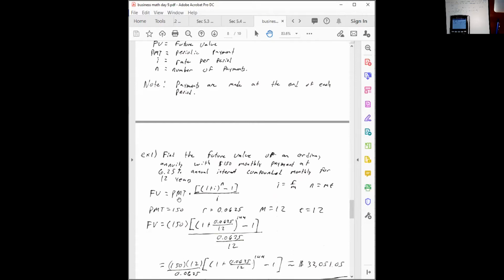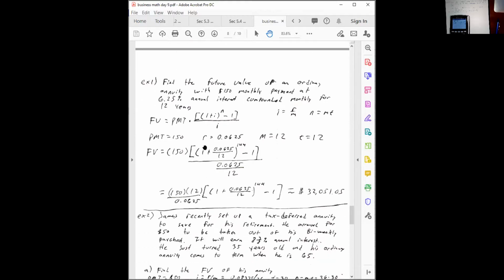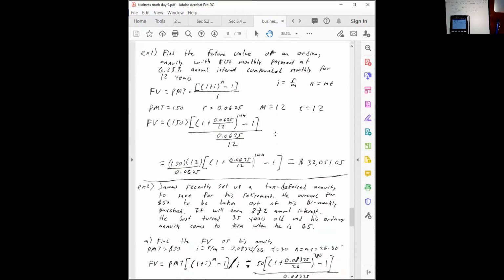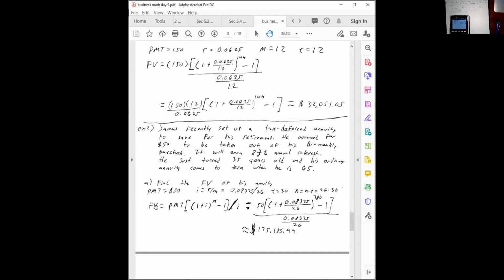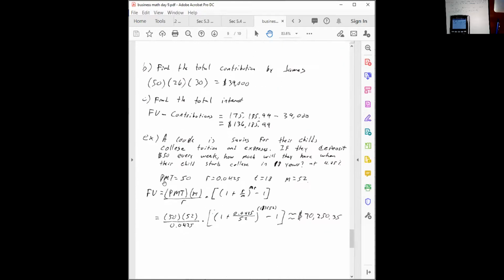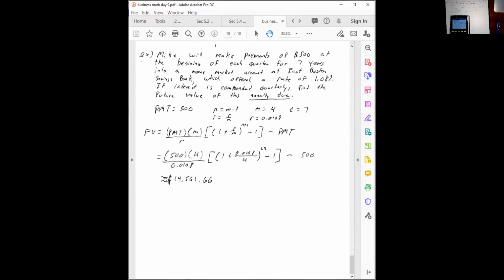So all you got to do is punch in the formulas, payments, interest rates over the number of times you compound, right? So compounded monthly for 12 years, so that'd be 12 times a year. That's why M is 12. So you have a bunch of these types. So all these are just find the future value, find the future value, find the future value. All of 5.3 was that.